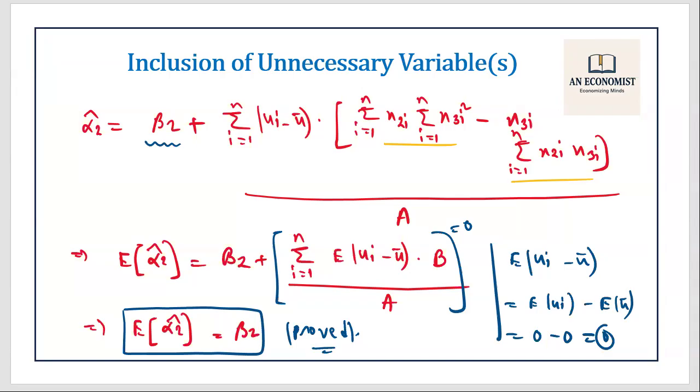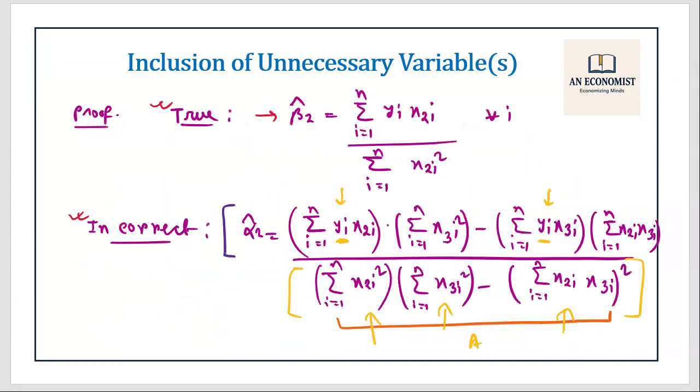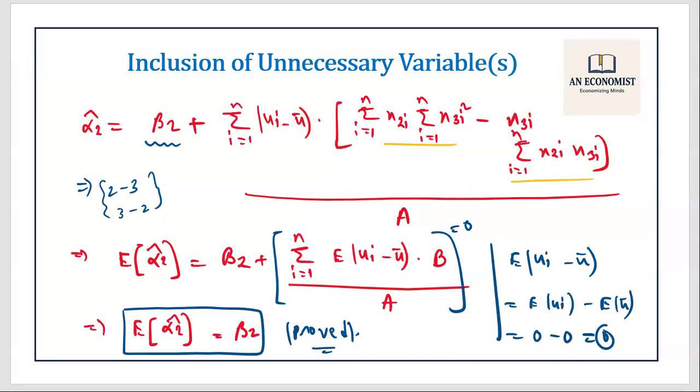I'm giving you a hint that in the expression we have landed up here, every term where you have 2, in the alpha 3 case you will have 3 there. 2 will be replaced by 3 and 3 will be replaced by 2. Only this much will be the change. The rest of every line that I have done here will be exactly the same, right? So I don't want to waste time.